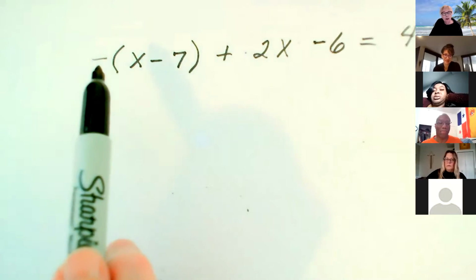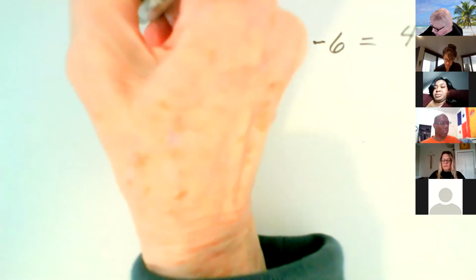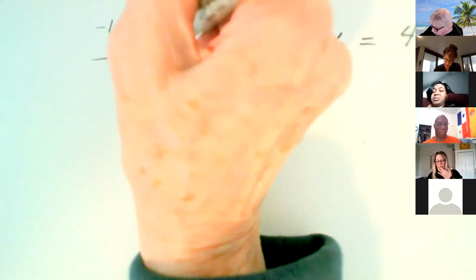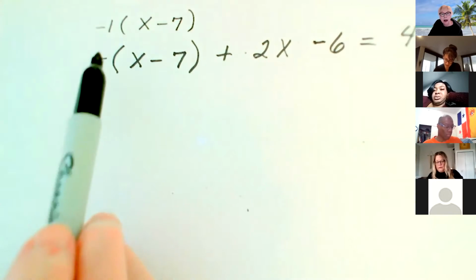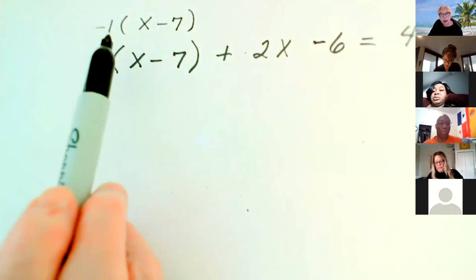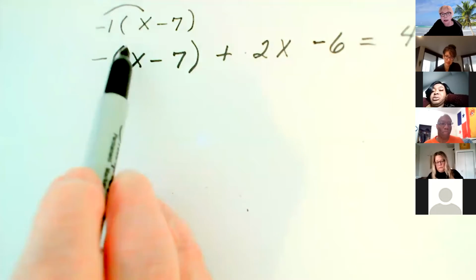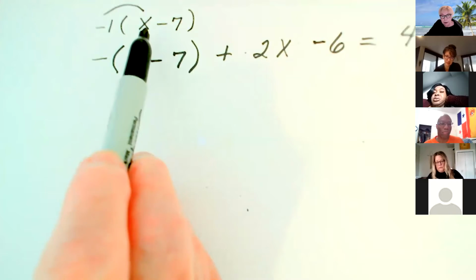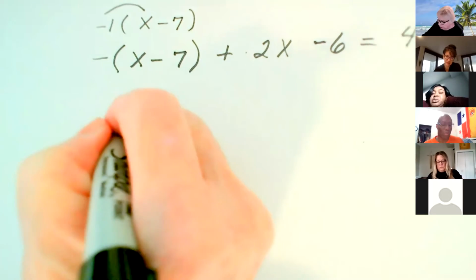You could also think of it, I'm going to write it above, as a -1 that's multiplied. This is how you could see it or think of it. The negative in front could be like a -1 multiplier. And so a -1 times x would be -x.